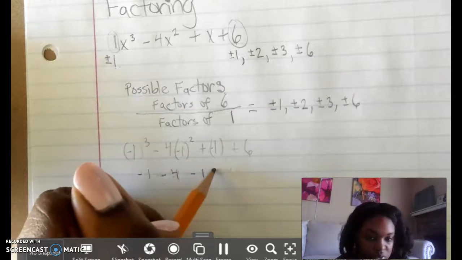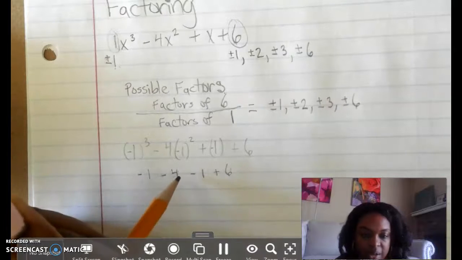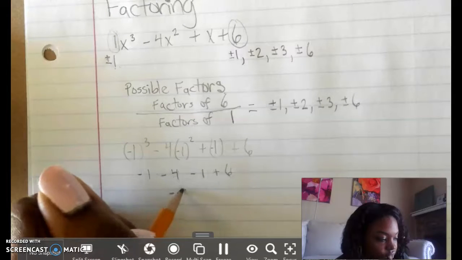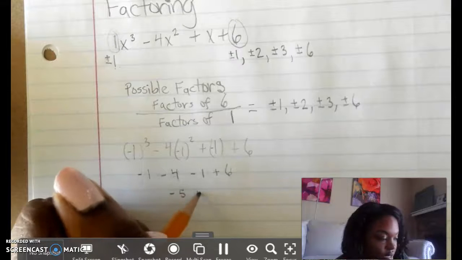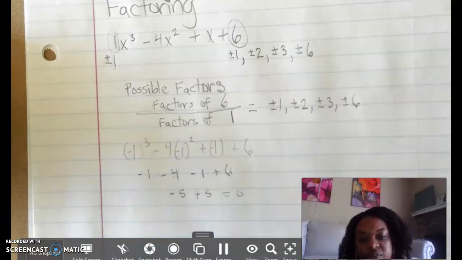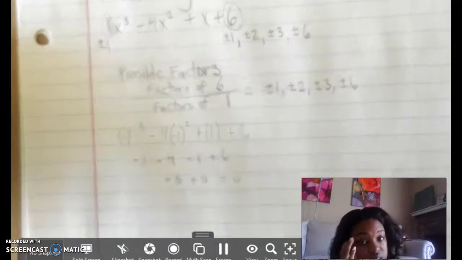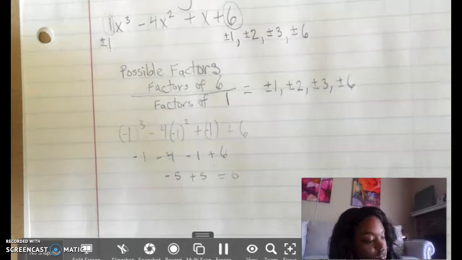Plus 1 is minus 1. Plus negative 1 is minus 1. And then plus 6. I'm going to add these together. That'll give me negative 5. Negative 1 plus 6 is 5. Well, that gives me 0. So I can confirm that negative 1 is a factor here. Or rather, negative 1 is a solution.